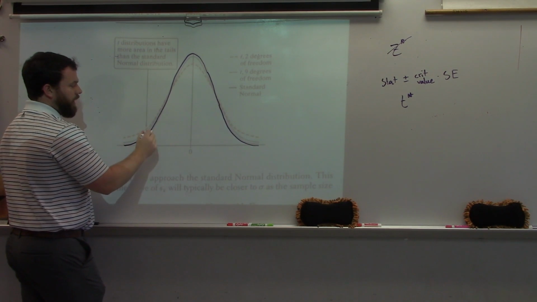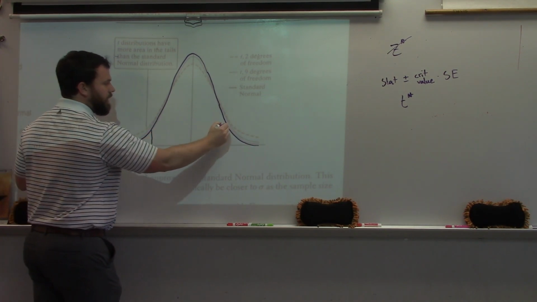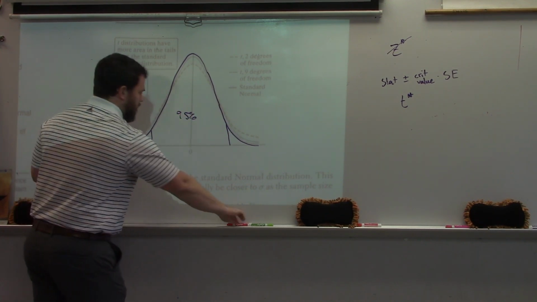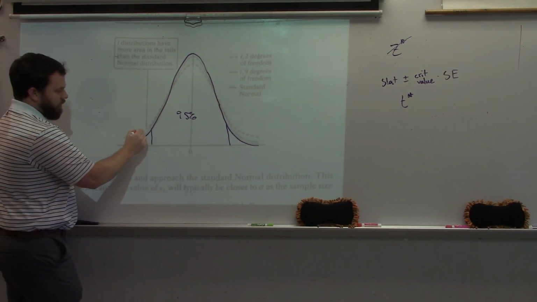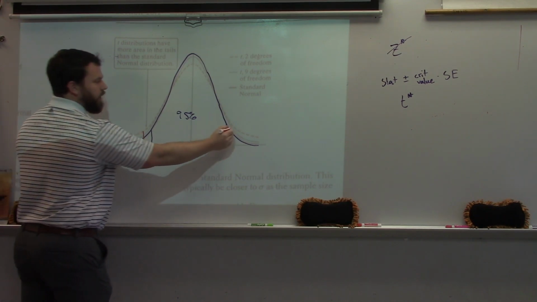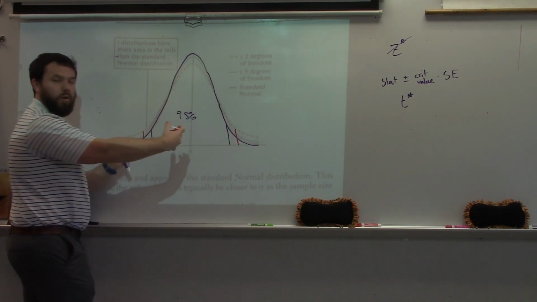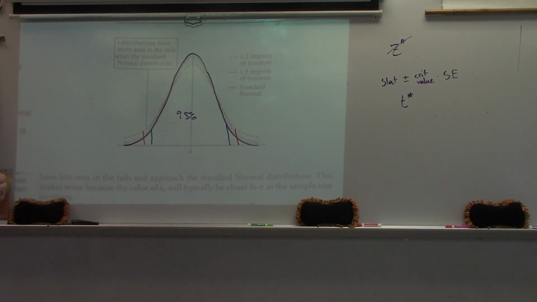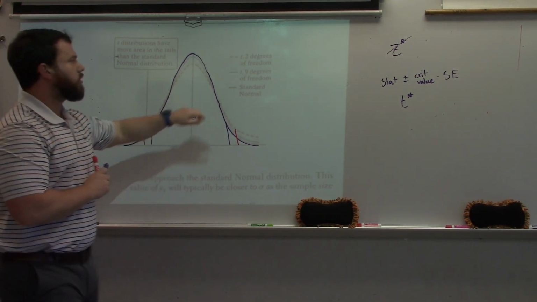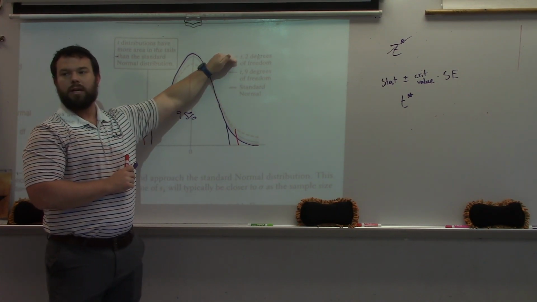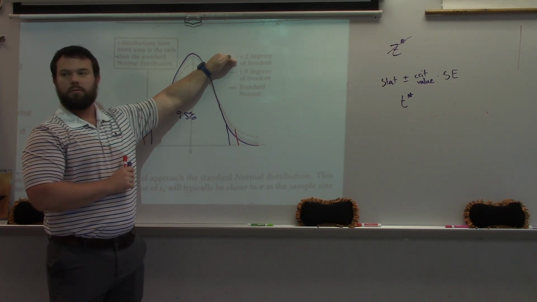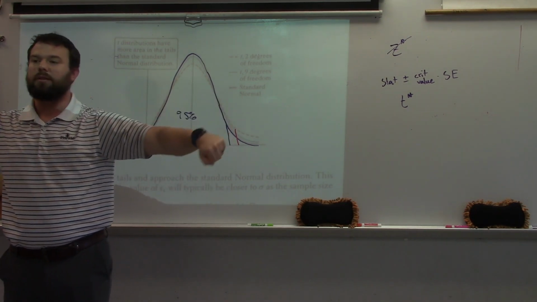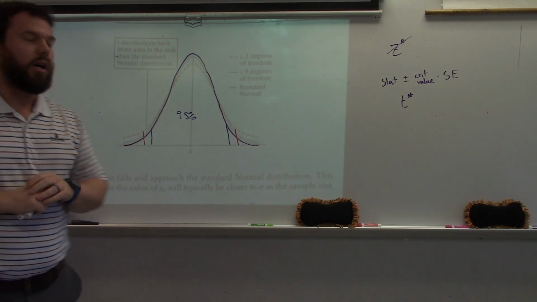Notice, and I'm just making this up, if this is 95% for my standard normal curve, well, I've got to get out to here to get the same area because it was shorter and wider, right? And so when I talk about those T critical values, the lower the degrees of freedom, what's going to happen to that curve? It's going to expand. It's going to be wider out, right? So we're going to get larger critical values to account for this.